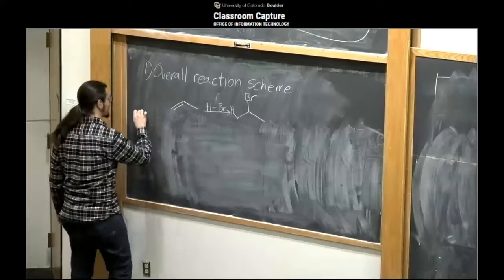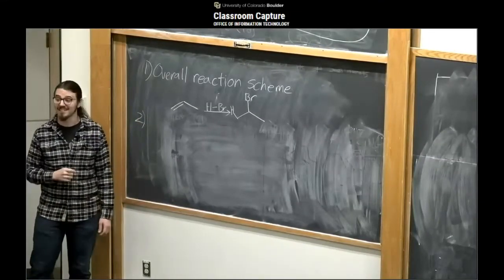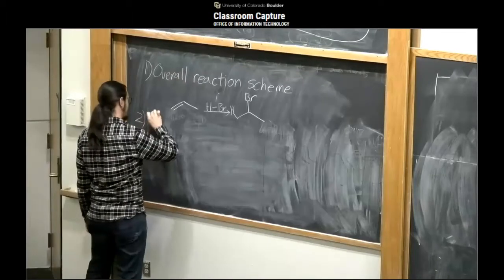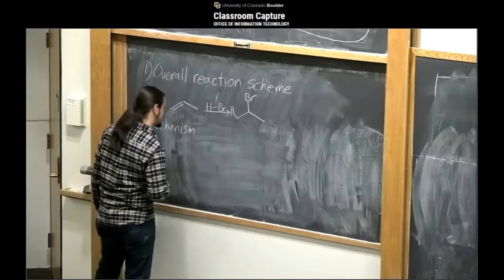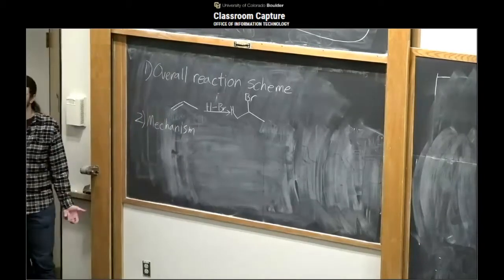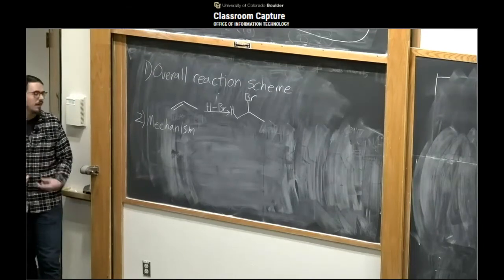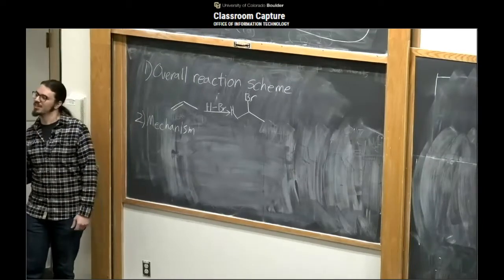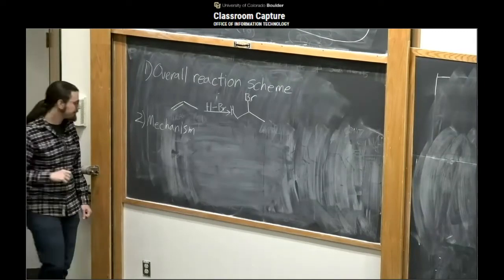The second main way that we can display a reaction is the mechanism. This is going to show us what each step in the reaction is, how we get from the starting materials to the products. It's also going to show the movement of electrons to show the breaking and forming of bonds as they happen.